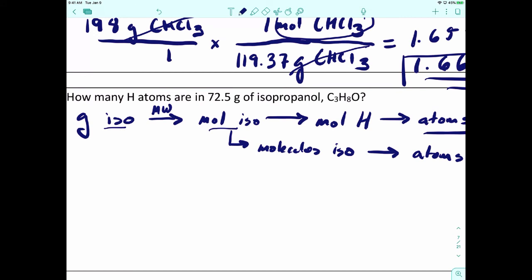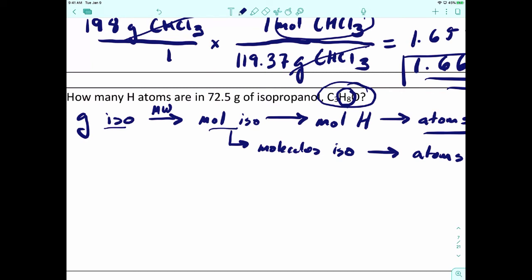So to make that work, if you have 1 molecule of isopropanol, that means you need 8 hydrogen atoms to make 1 molecule of isopropanol. So if I was to make 1 mole of isopropanol, I still need 8 moles of hydrogen to make this 1 mole of isopropanol.